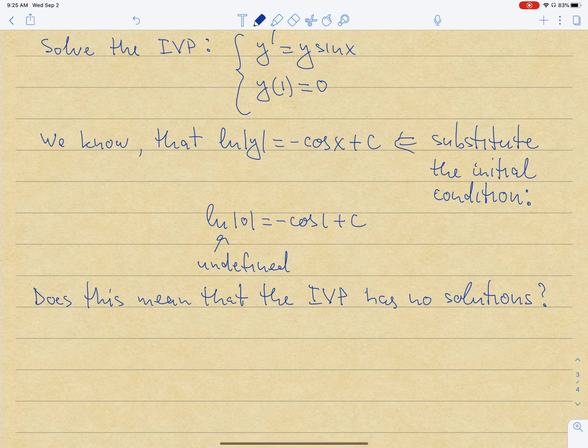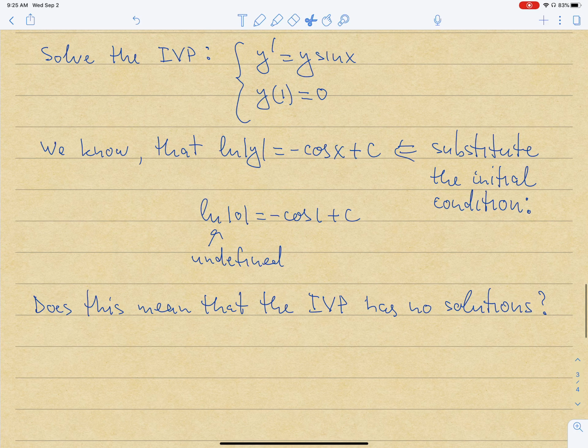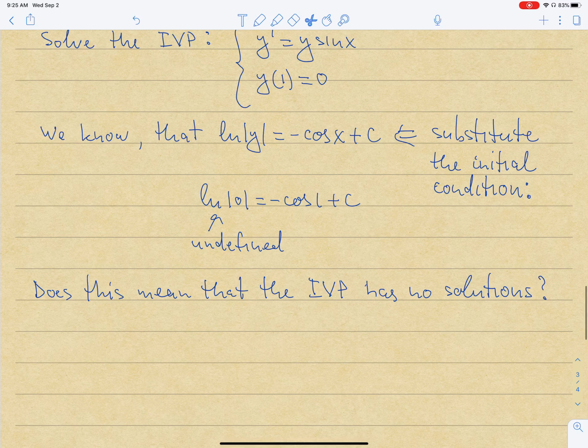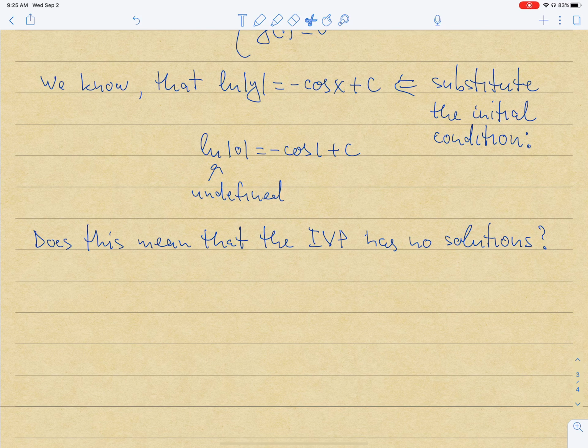And to answer that question, we can appeal again to the theorem that we discussed a long time ago, a theorem which established if an initial value problem is going to have a solution or not. So in this case, remember this result.